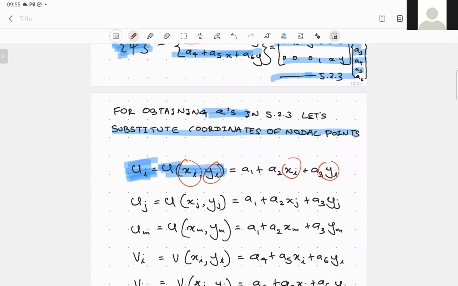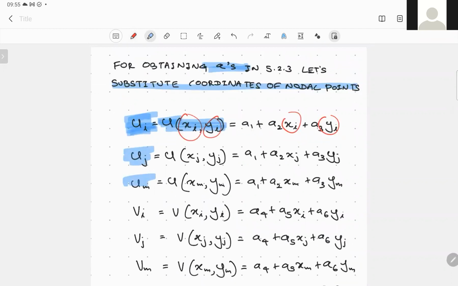Similarly, you can write the displacement function for the jth node and the mth node. What you have to do is simply substitute the corresponding nodal coordinates. You would end up getting three elegant equations. If you have three equations, then you will be able to find the corresponding a values. a1, a2, and a3 can be found now.